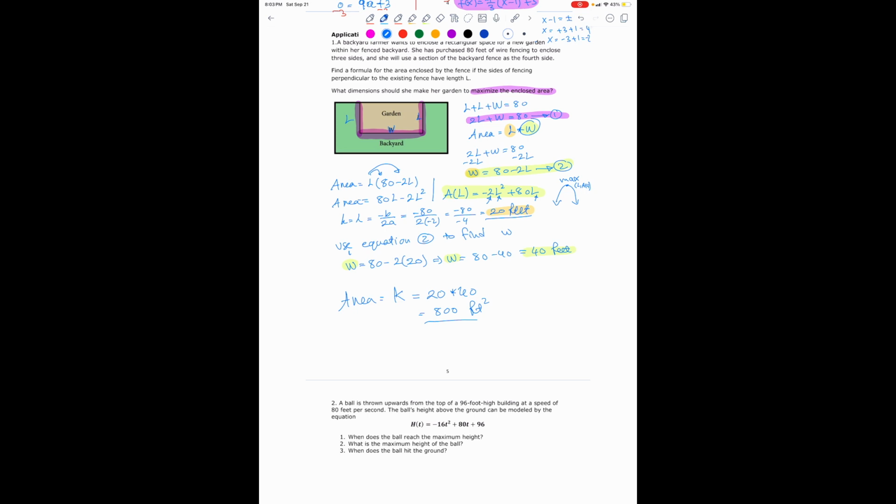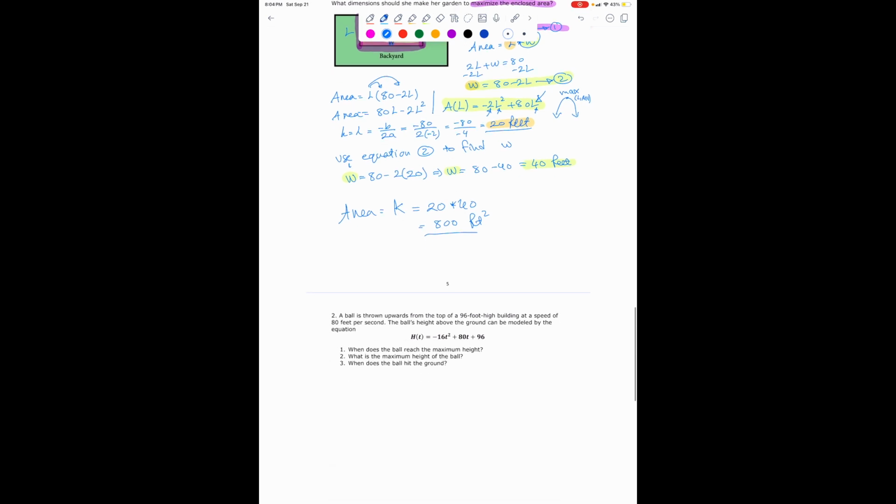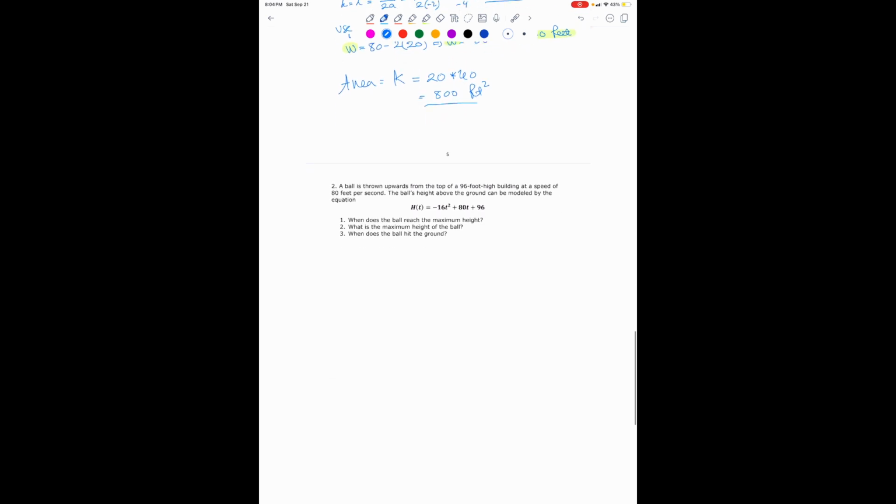The h of the maximum is going to be the variable in the equation that you use, whether you use W or L. Then you're going to use what you found previously in order to determine the other dimension. If the area is required, that is basically the k value of the vertex.